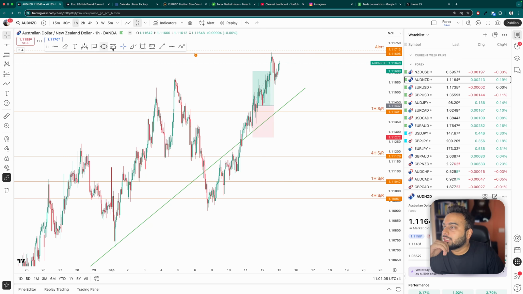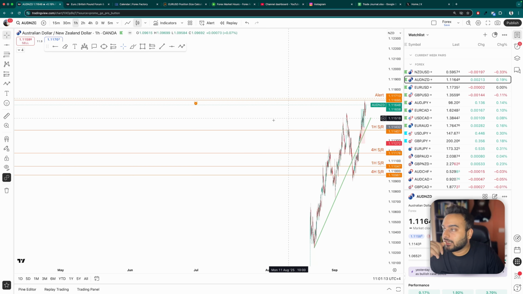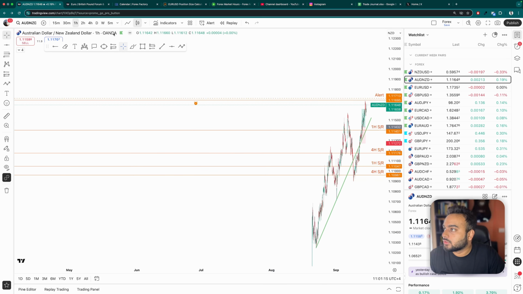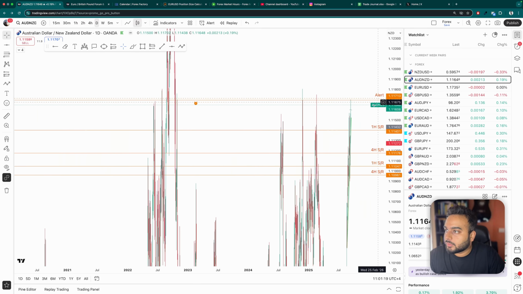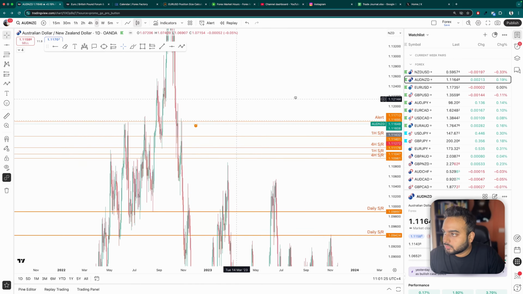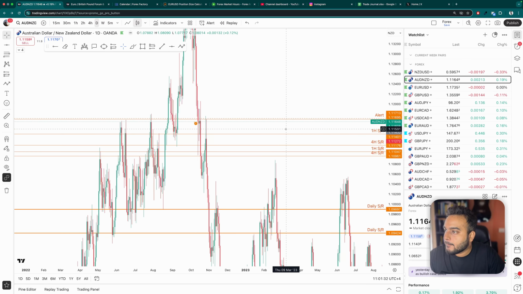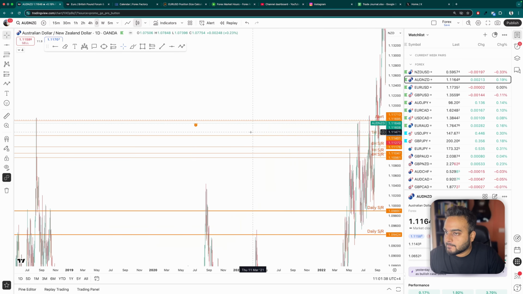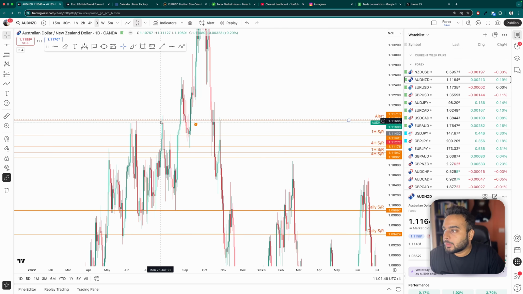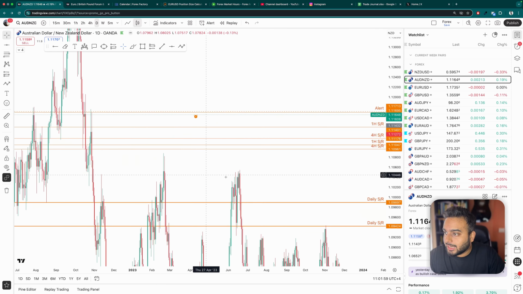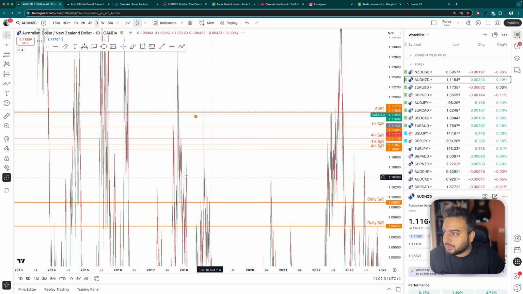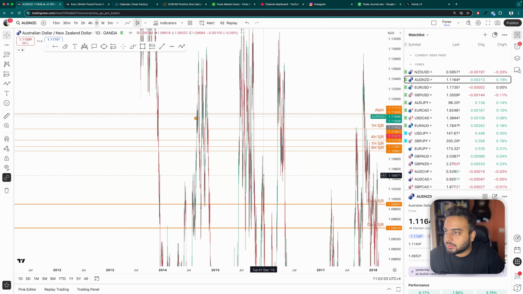So AUD NZD is in a trend. It is at a good resistance zone. So if you see, even if the price wants to continue up, it has to come down and then go up again. So currently, I don't see a price action which justifies the current movement.